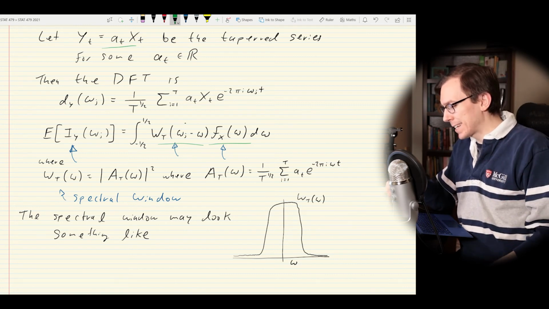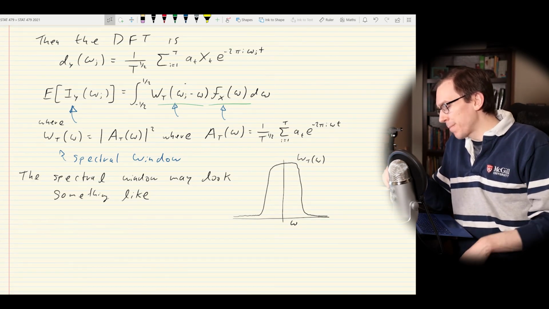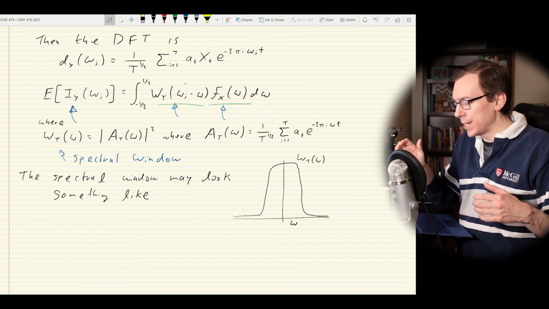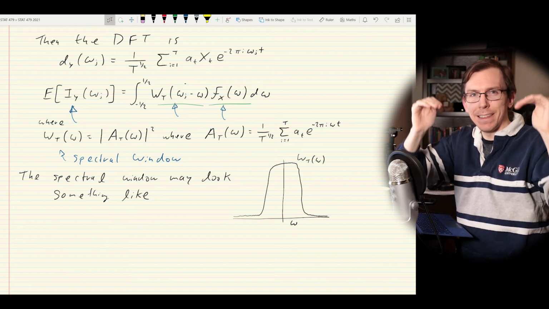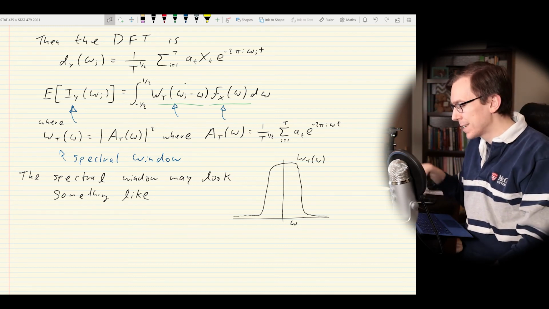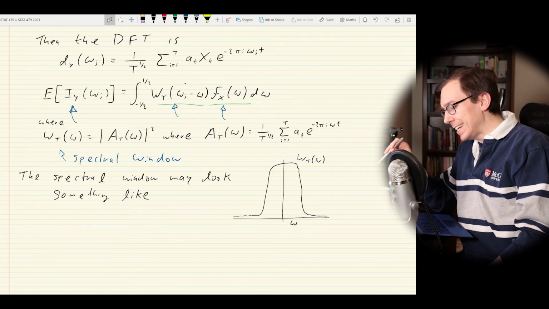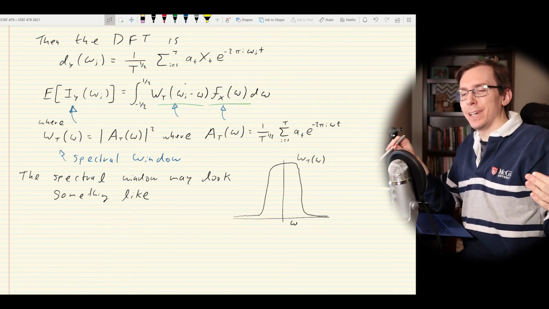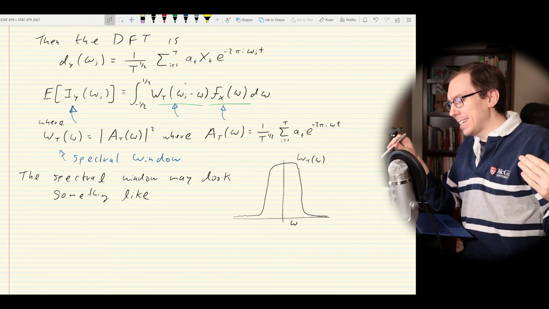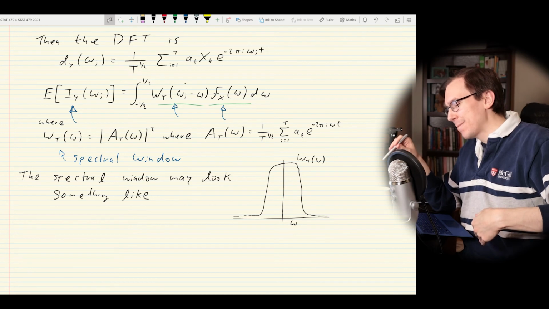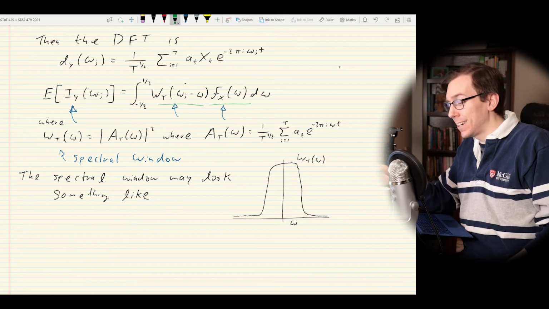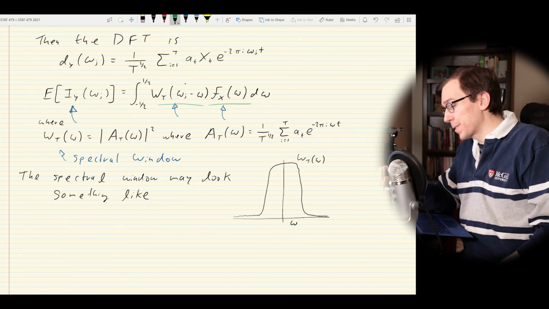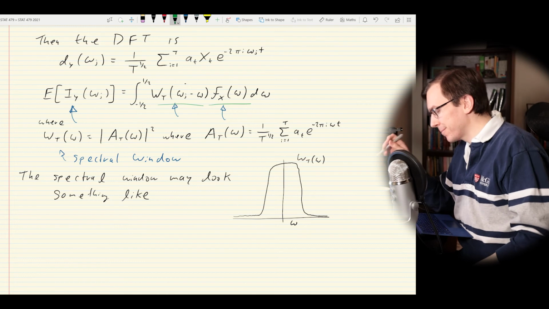They have some pictures, and I'll get some in R next time when I can actually plot them all. But the pictures of these windows often look like that, where you have some sort of a peak, and then it tapers off pretty fast. So this is kind of neat. It means that if we apply a tapering to the time series itself, X, the effect is an averaging, a window being integrated with respect to, it's actually a convolution, but with respect to our spectral density f here.